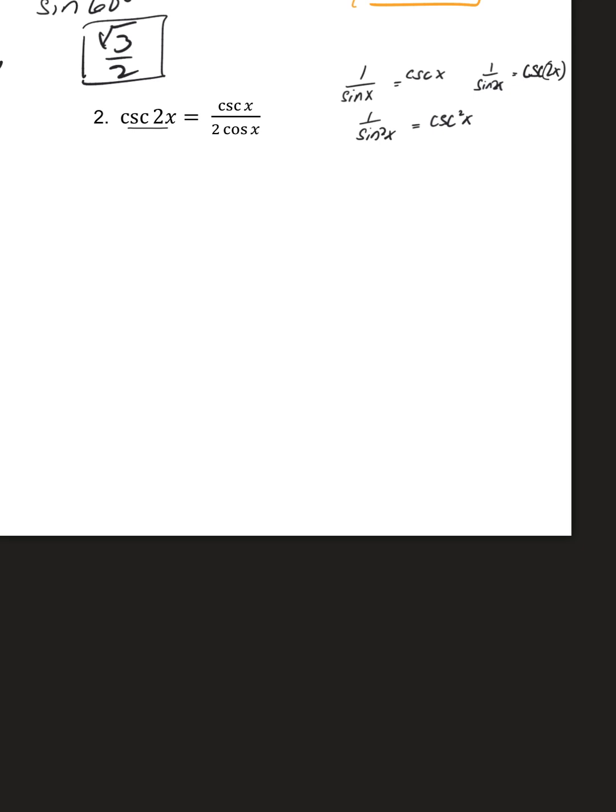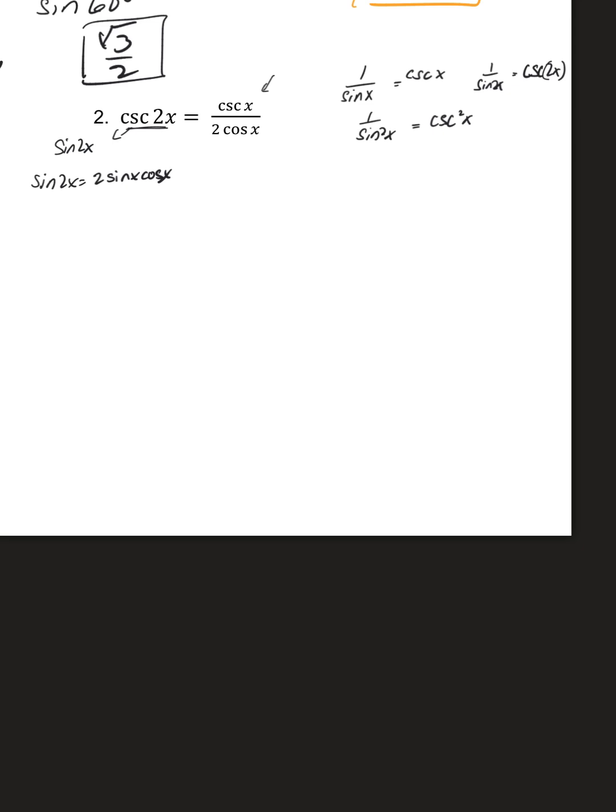So based on that, let's use that to help us verify this. I'm going to work on the right this time because I do not have an identity for cosecant 2x, and if I make it a fraction, it might just be worse. Over here on the other side, it's already a fraction. I know this goes with sine 2x, and I know sine 2x equals 2 sine x cosine x.